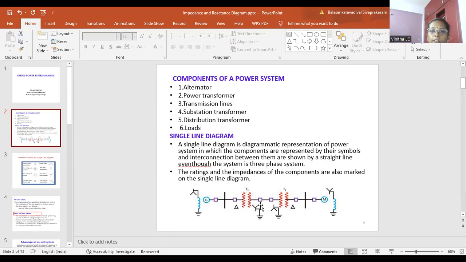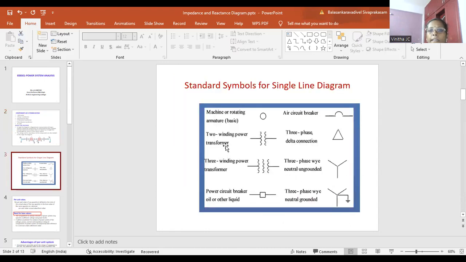And after drawing the single line diagram, the ratings of each and every component will be represented above the components. Now, let us see the standard symbols for each and every component used in power system. Here, the rotating machine is represented by this circle. And this is the representation of a two-winding transformer.